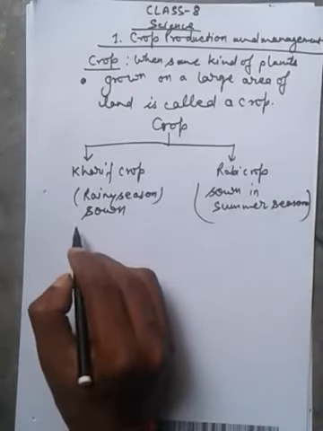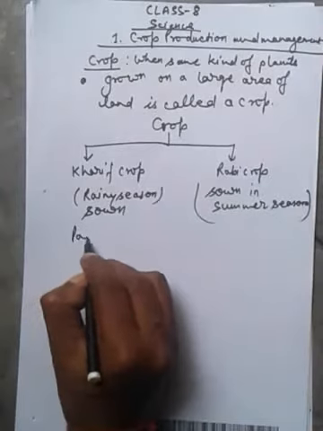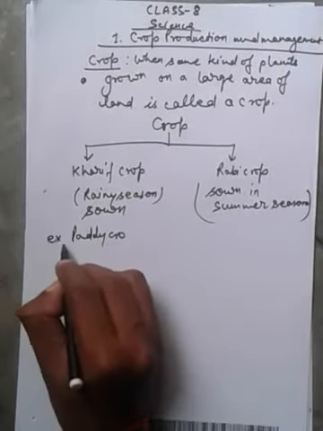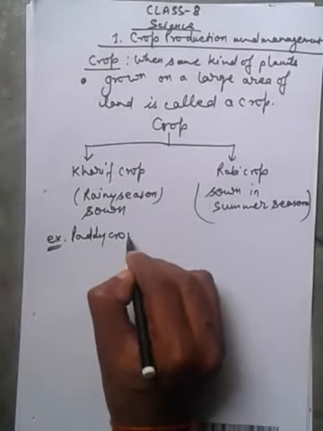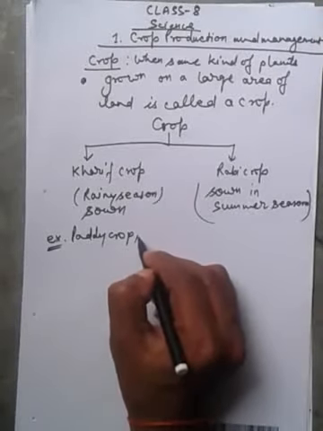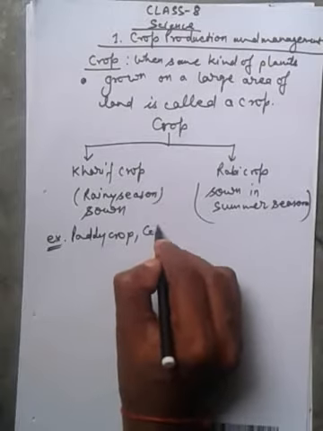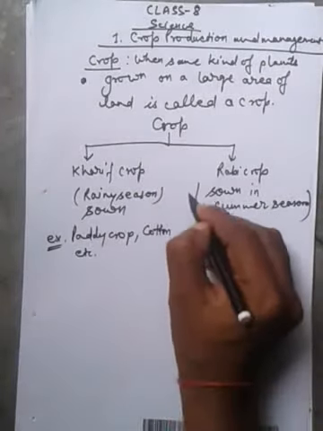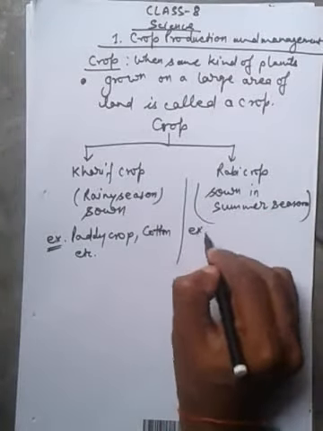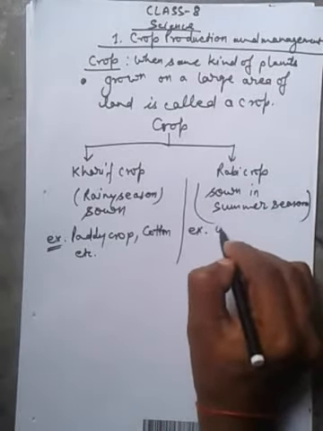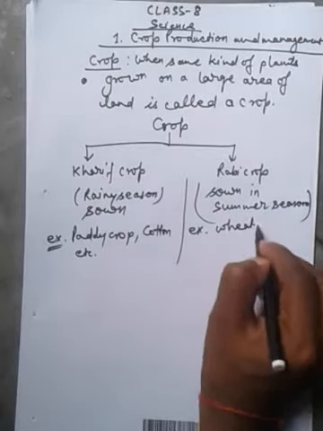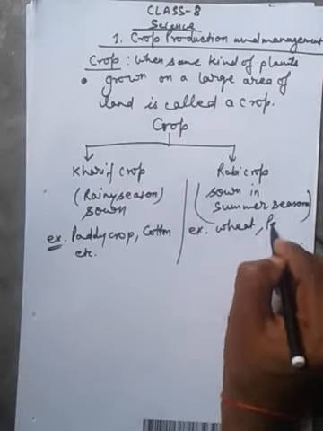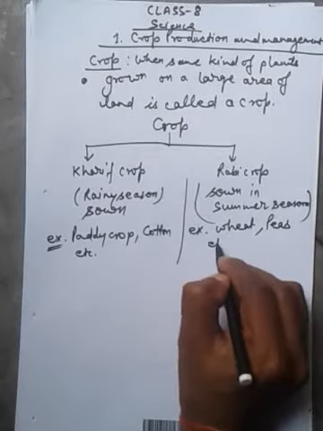Kharif crops are, for example, paddy, cotton, etc. Whereas rabi crops are wheat, peas, etc.